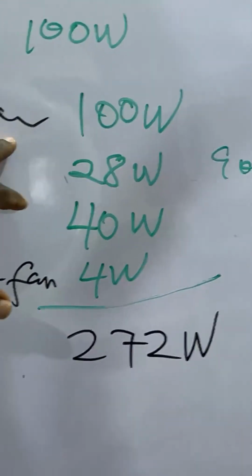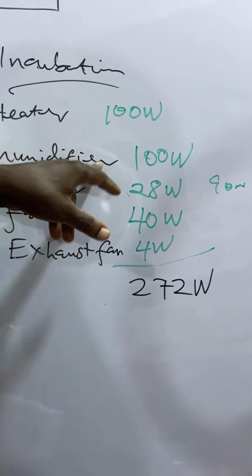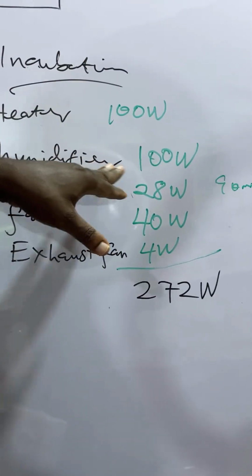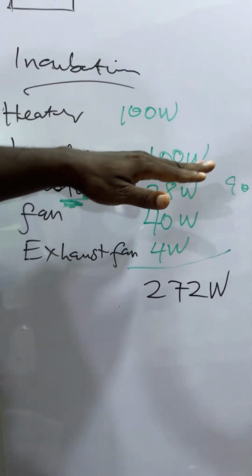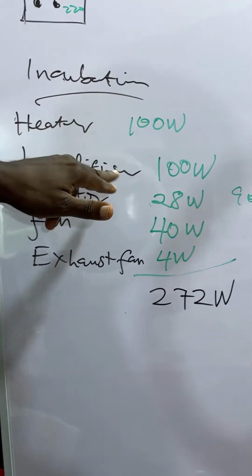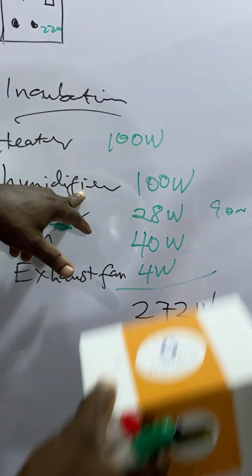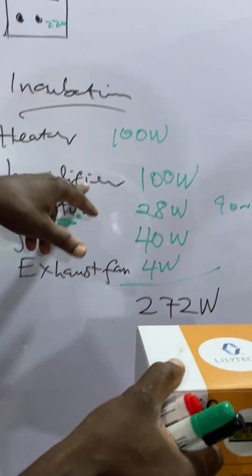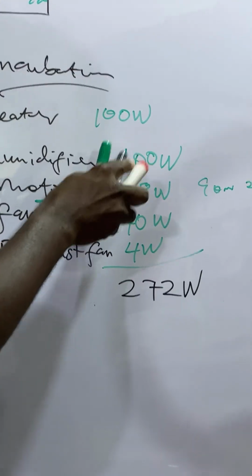It is a controller that will tell the humidifier that your humidity is low, come on and work for some minutes, maybe 10 minutes. When it builds the humidity to the point we want, then it will go off. When it goes off, it will wait again for the humidity to come down, then it will come on. So this does not stay on 24/7.